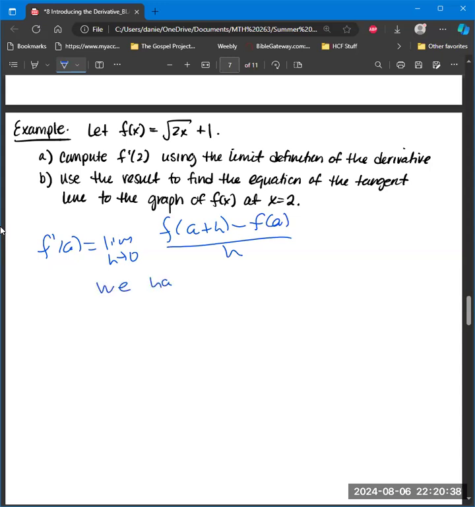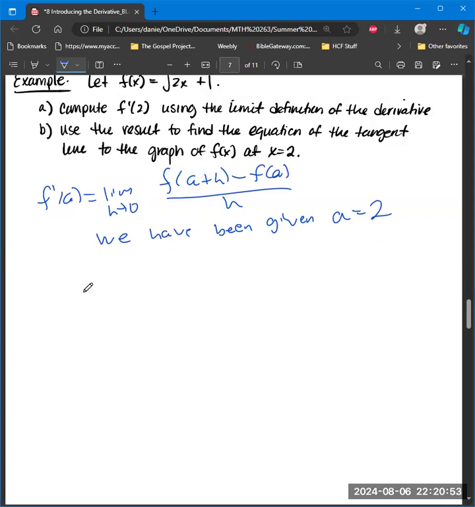We have been given a equals 2, since we've been told to find f prime of 2. So that means f prime of 2 equals the limit as h approaches 0 of f of 2 plus h minus f of 2 over h.